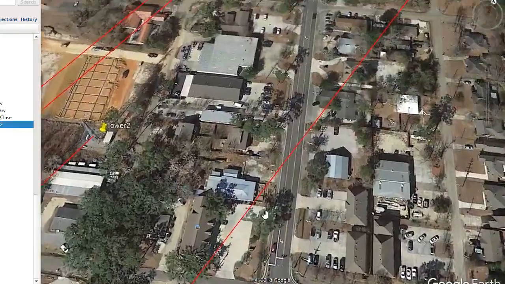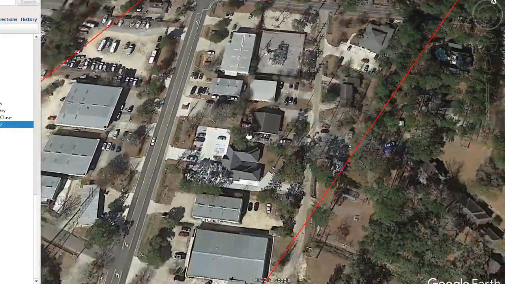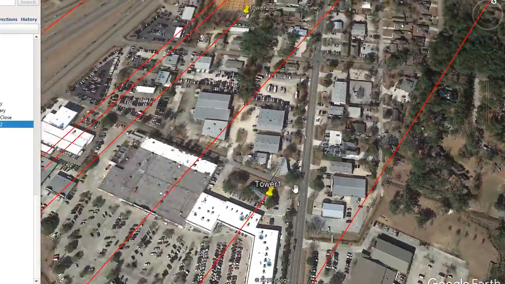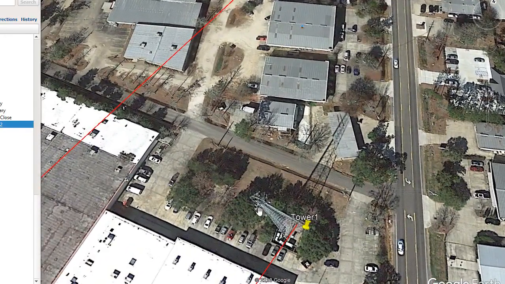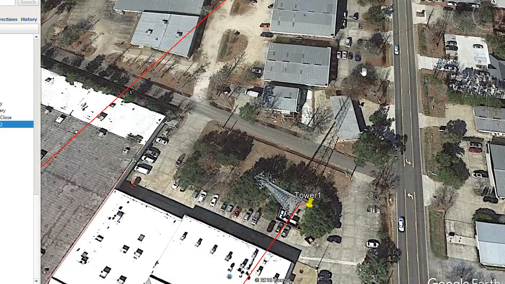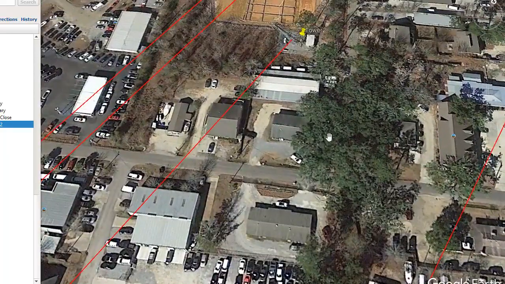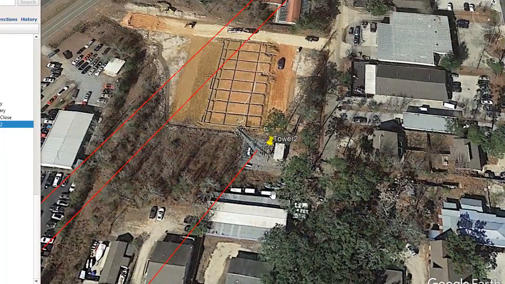And the other tower just off to the side of it, where did it go? Right here. Seems to be even slightly taller than this tower. Not by much, but by a small amount.